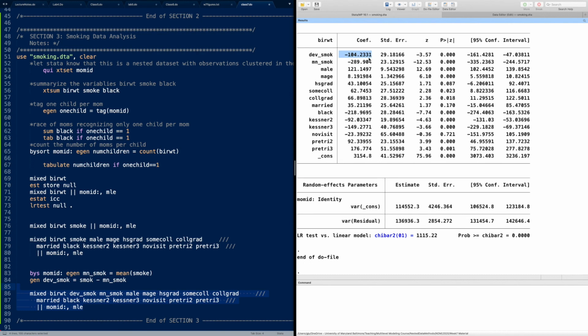So picking up smoking decreases the birth weight of babies. But ever smoking, regardless of whether you quit or not, for subsequent births, also decreases birth weight. And so there's pretty clear evidence here that never smoking is the best option, that any smoking reduces the birth weight of babies, even if there's a change in whether the mother is smoking at that point in time.